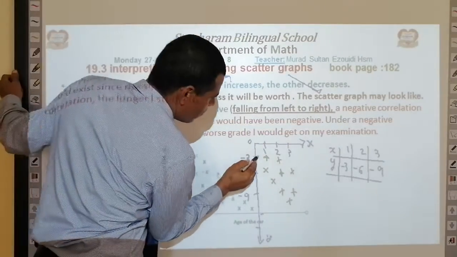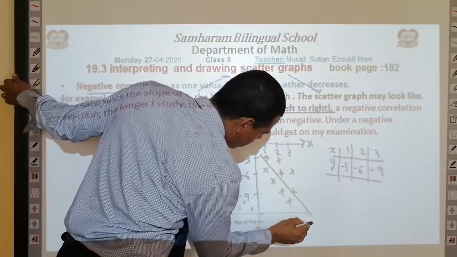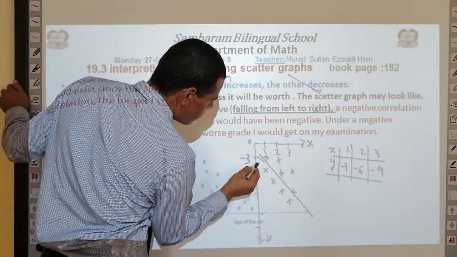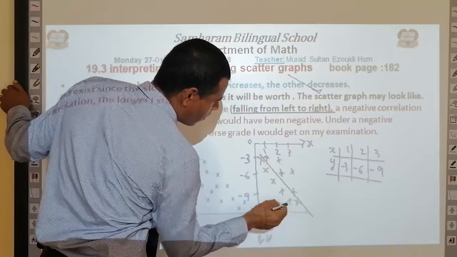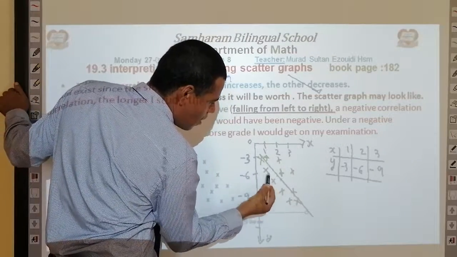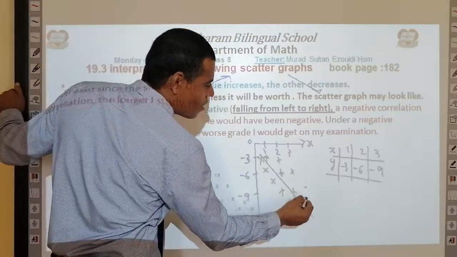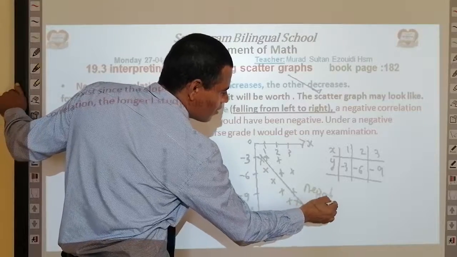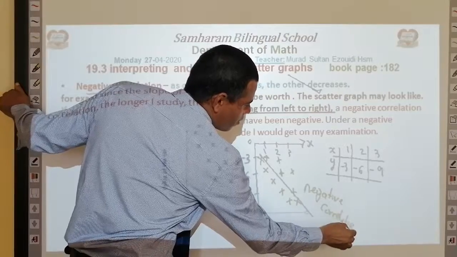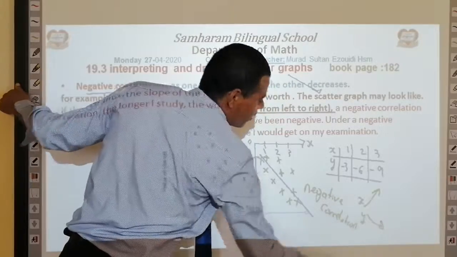And if I draw the best line fit like that, and I add another point, you can see that the slope of the line is negative. So as it is negative, it's called negative correlation. Why? Simply because when x increases, y is decreasing.